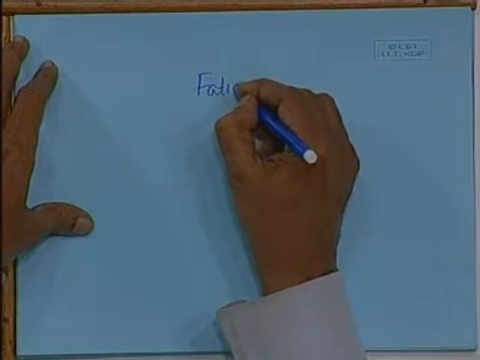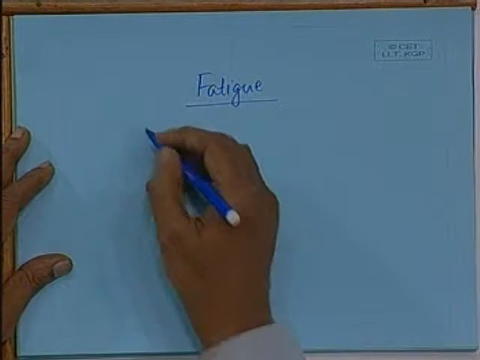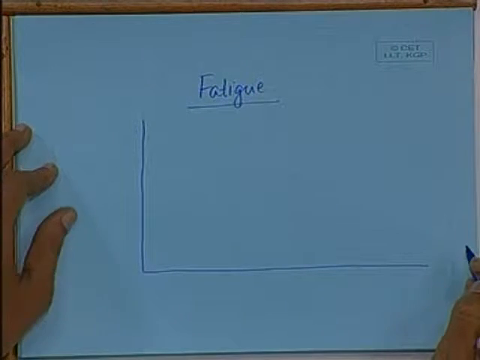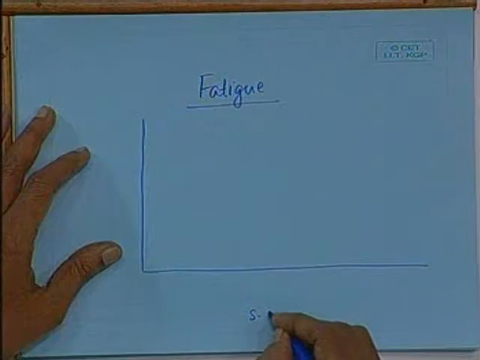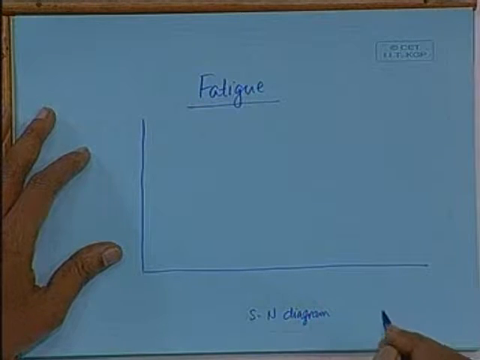Then the other thing is fatigue. All of you have talked about fatigue, so I need not spend much time on it. It seems you know everything. Okay, you know what an SN diagram is? Yes? Okay.